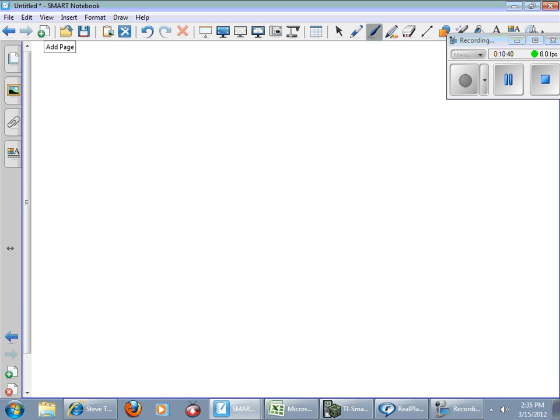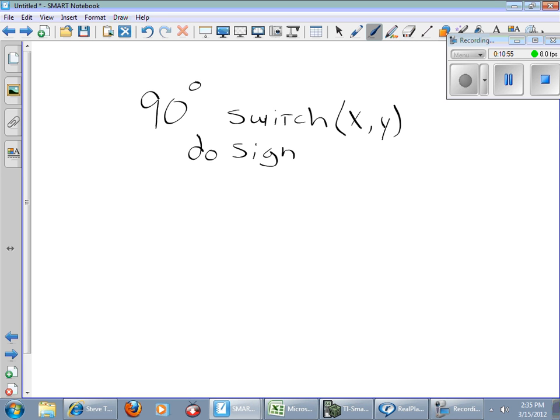You got to remember, for a 90-degree rotation, you switch X and Y, and then you do your signs based on the quadrant.